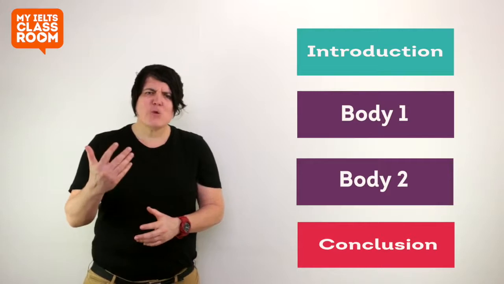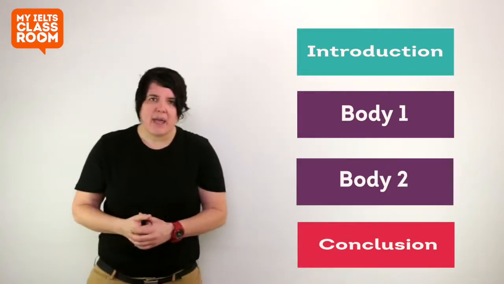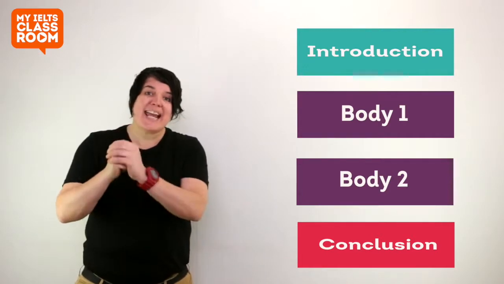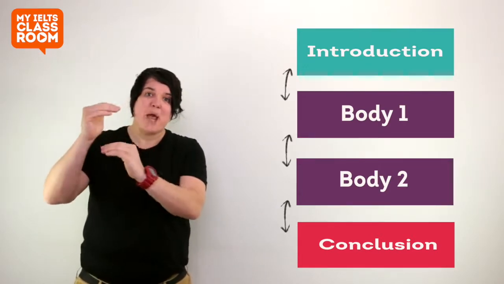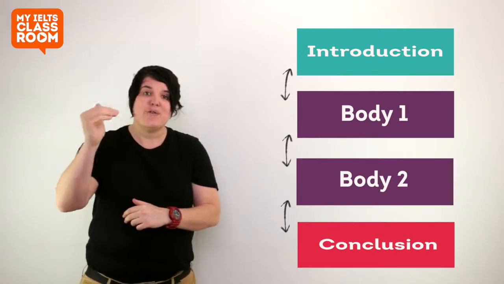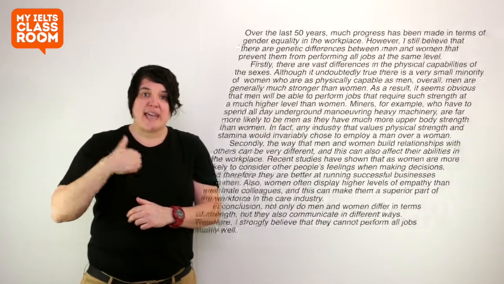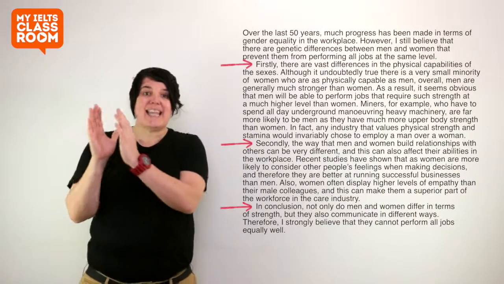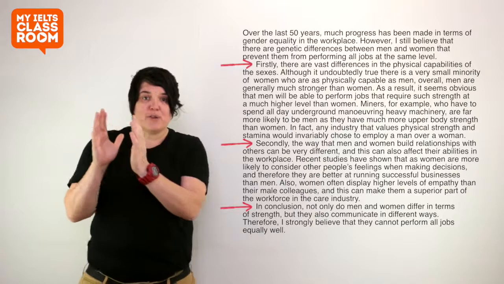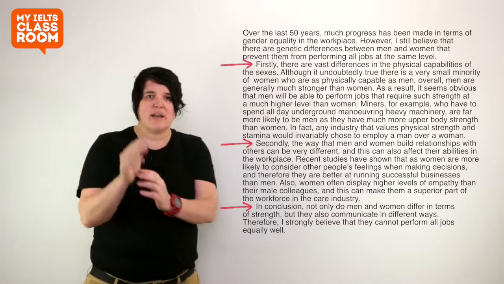And how do you know how many paragraphs there are in my essay? You can clearly see a space between each paragraph, and you must do this in your writing. Some teachers say it's okay just to indent a paragraph, so to move the first word of a paragraph in slightly.